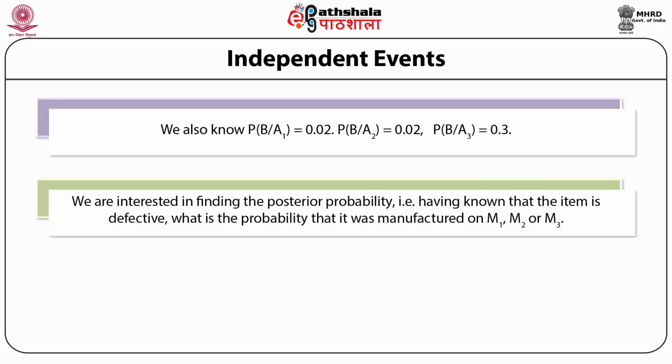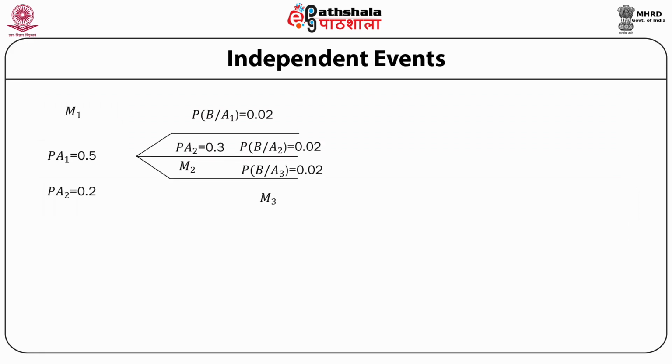We are interested in finding the posterior probability, having known that the item is defective. What is the probability that it was manufactured on M1, M2, M3? So for M1, the probability of A1 is 0.5 and the probability of B when A1 is given is 0.02. So the joint probability of A1 and B is 0.01.